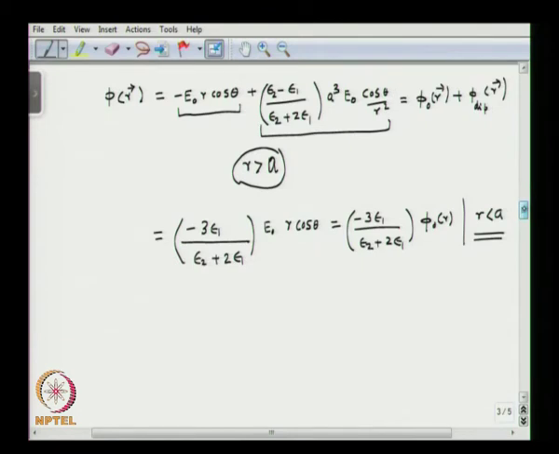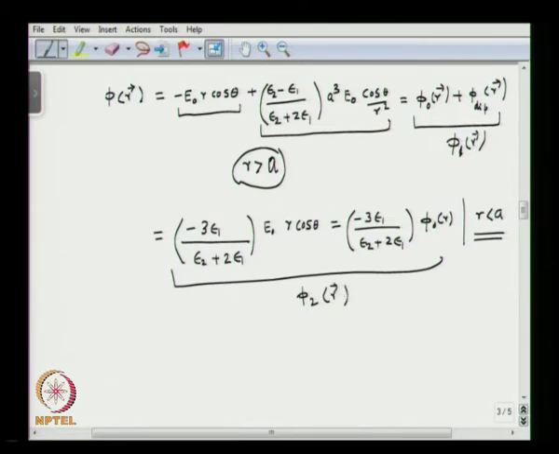So this is phi 2, inside the sphere, and the other is phi 1, outside the sphere.